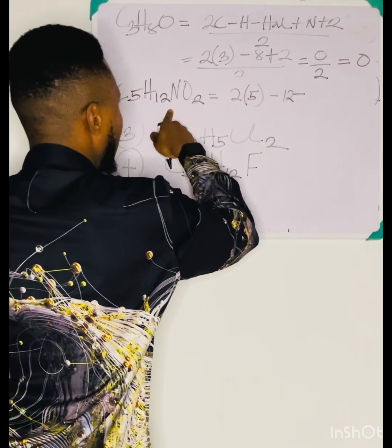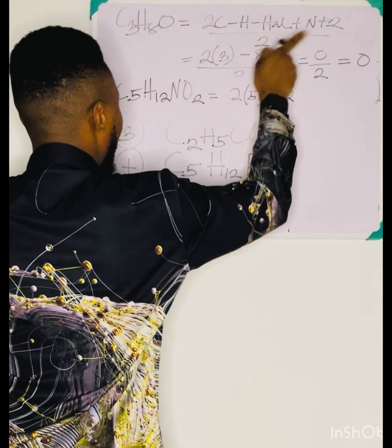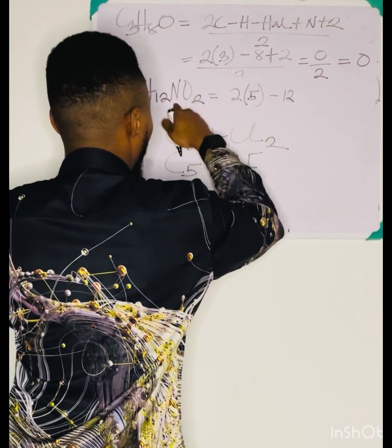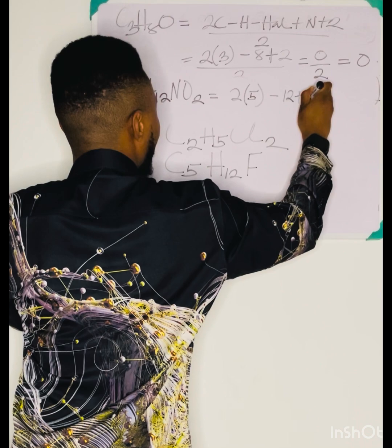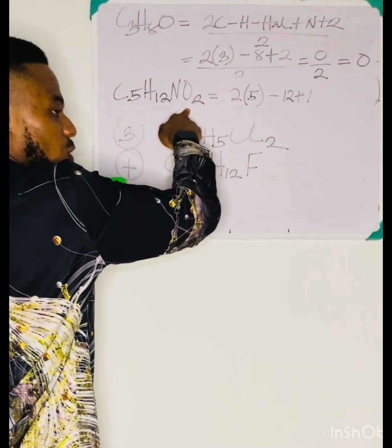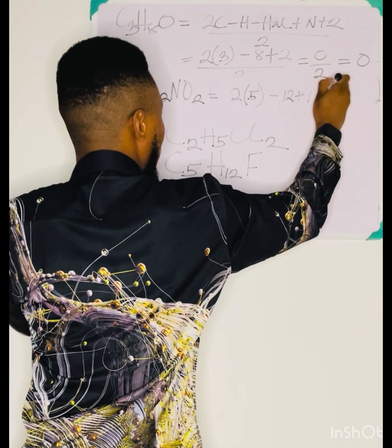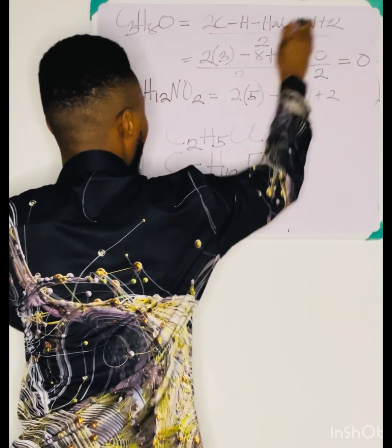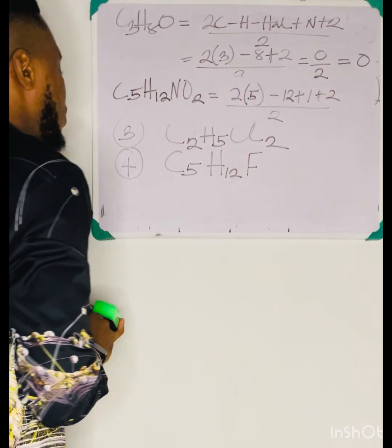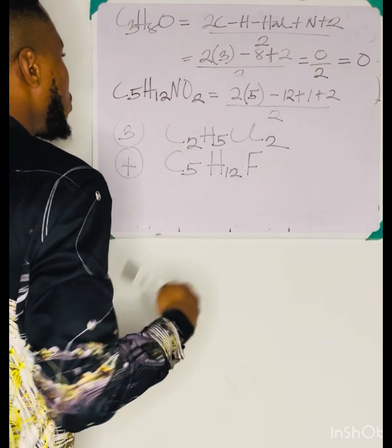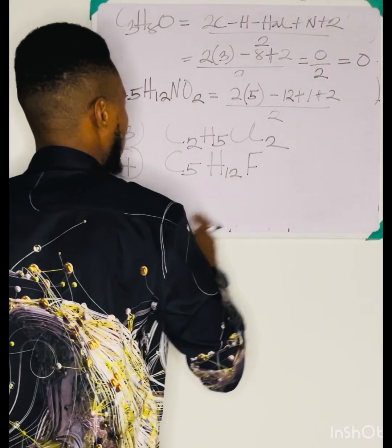There is no halogen here, so we don't need to put minus halogen. There is nitrogen here, 1 nitrogen, so we have plus 1. Then we remember we ignore oxygen. Let's just go to the plus 2. This plus 2 is like a constant value there, divided by 2.